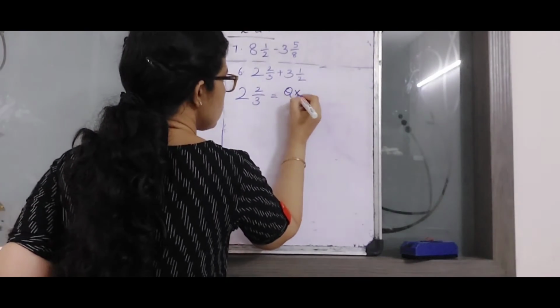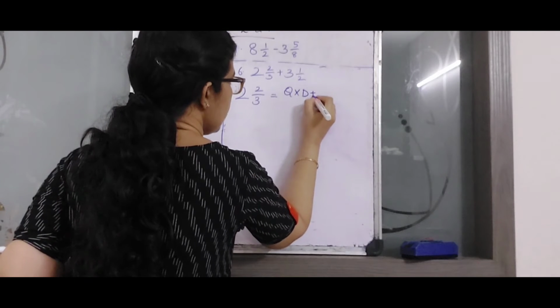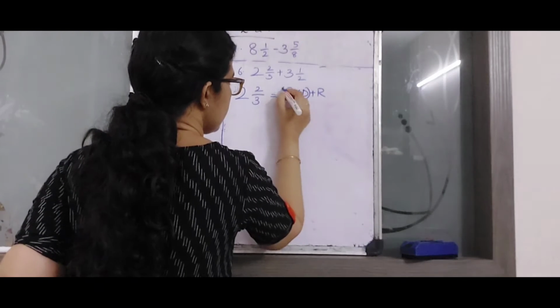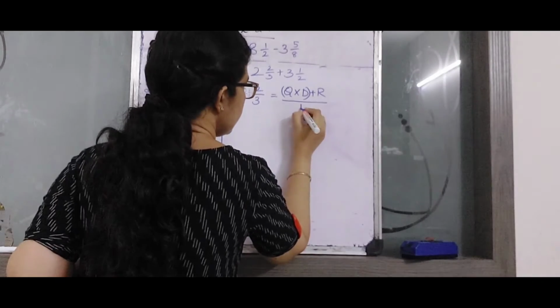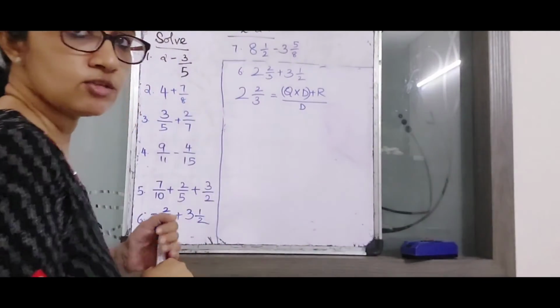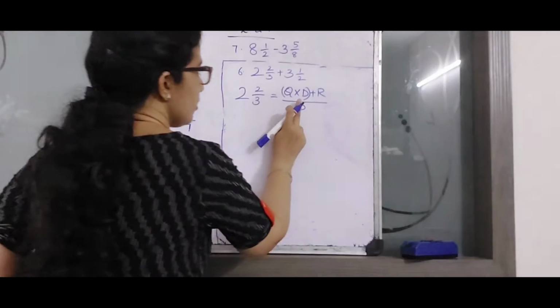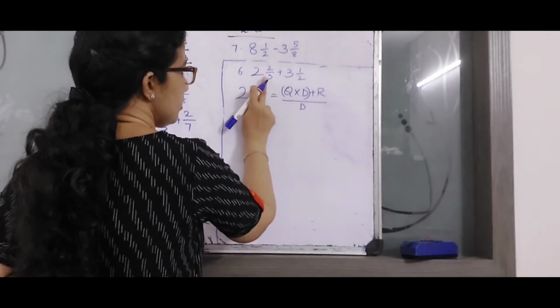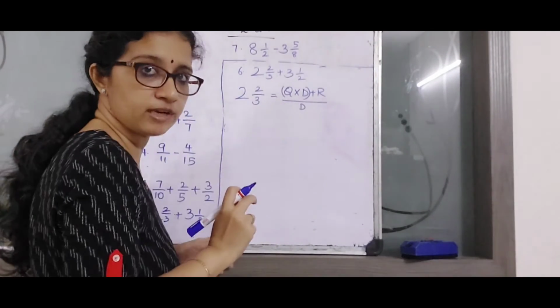Quotient into divisor plus remainder divided by divisor, right? So this is the formula for converting mixed fraction into improper fraction.